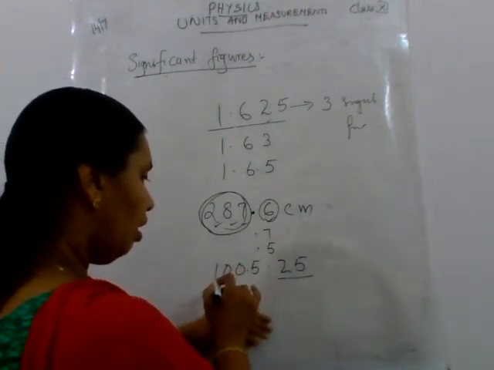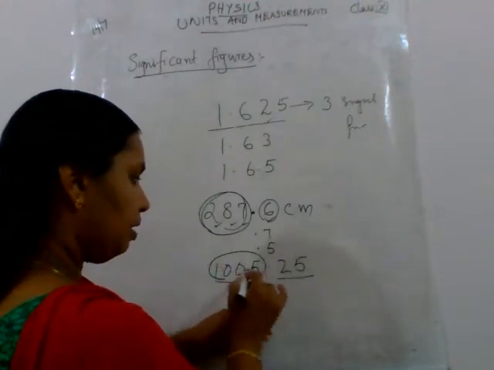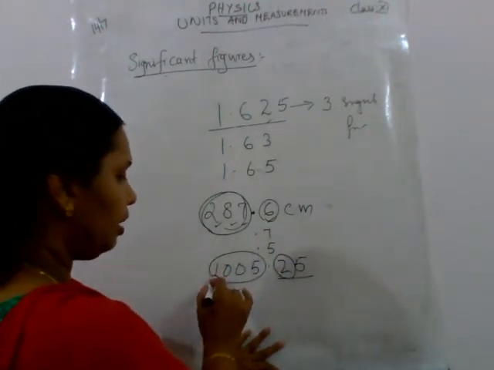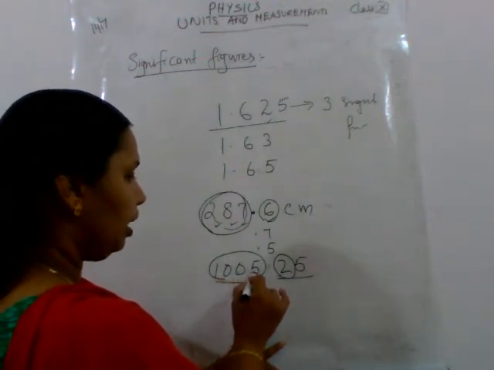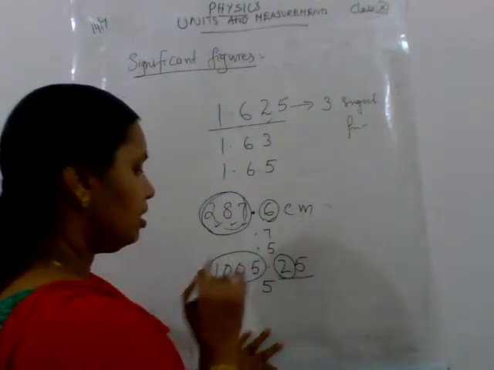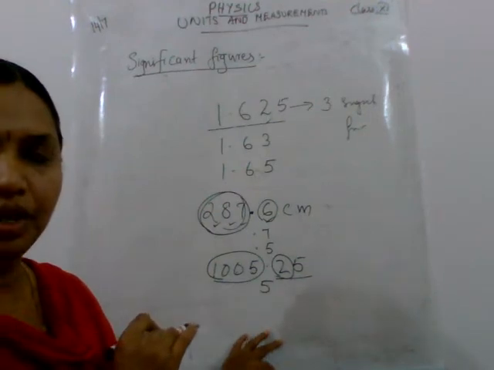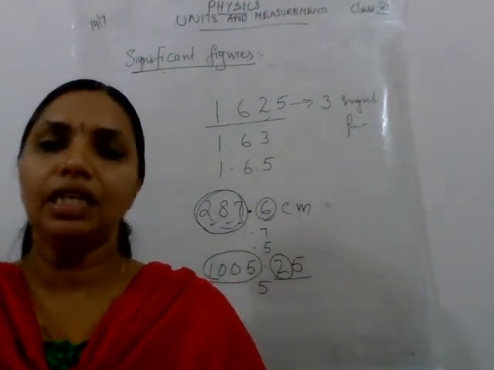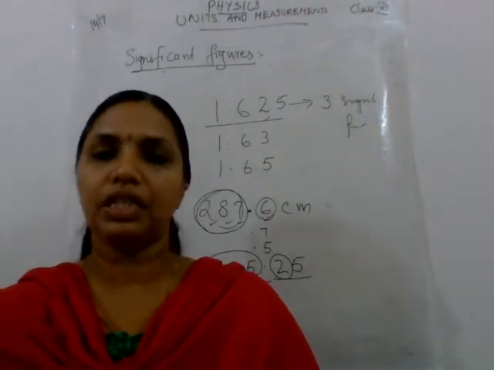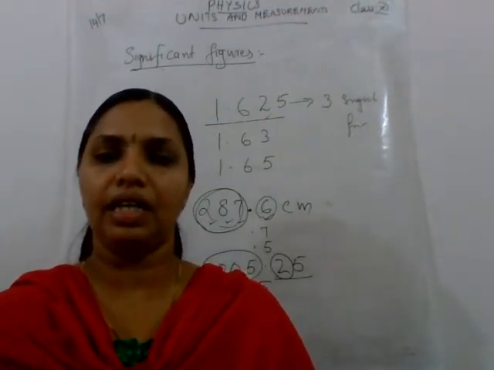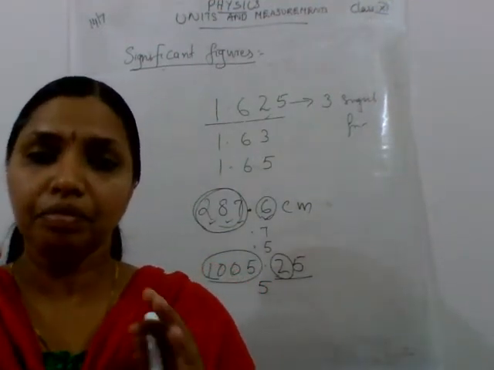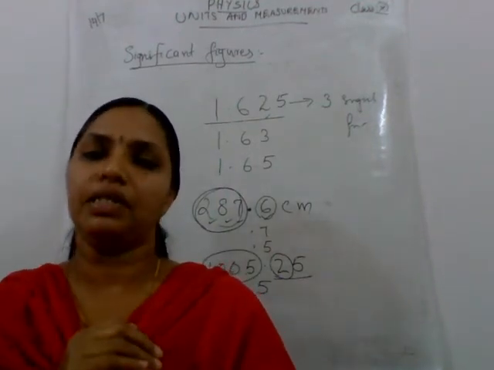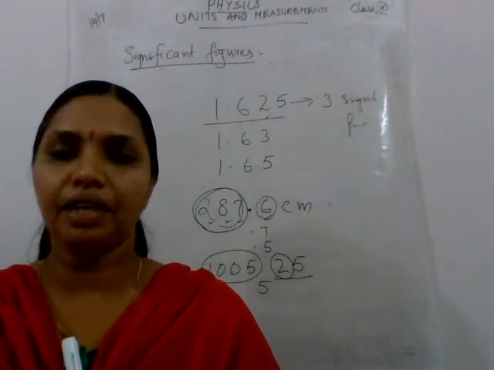So all the certain numbers plus one uncertain. So how many significant figures are here? 1, 2, 3, 4 and 5 significant figures. Understood? So in all measurements, we have to represent the significant figures. We have to know the significant figures, and accordingly after the decimal we are limiting the numbers according to the significant figures.